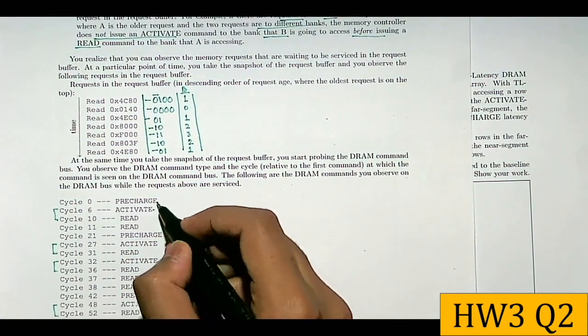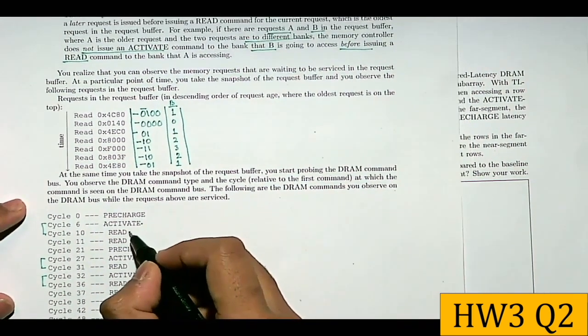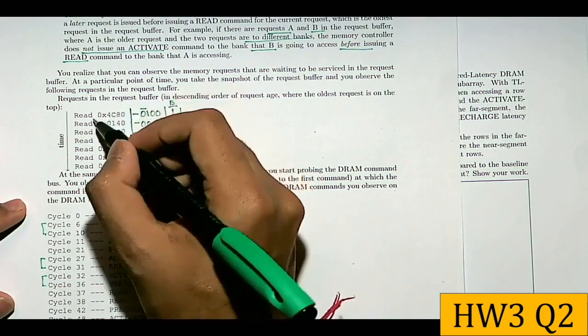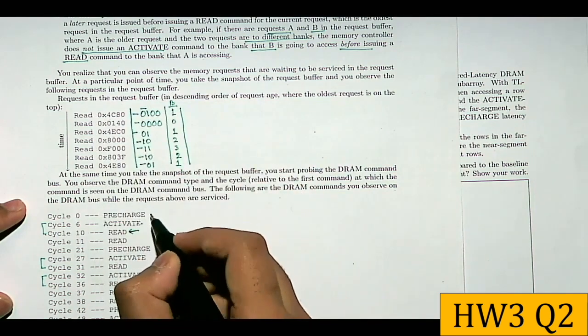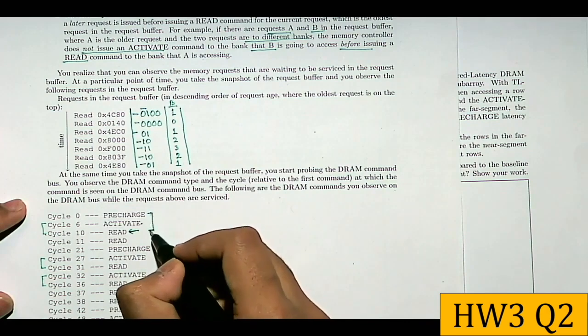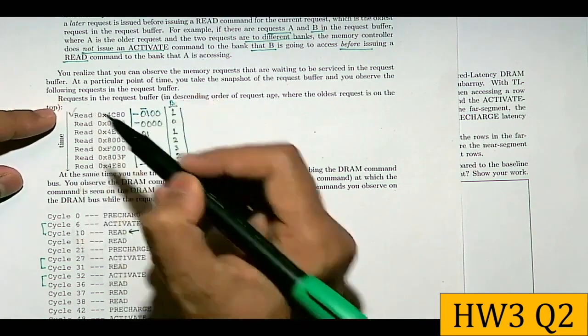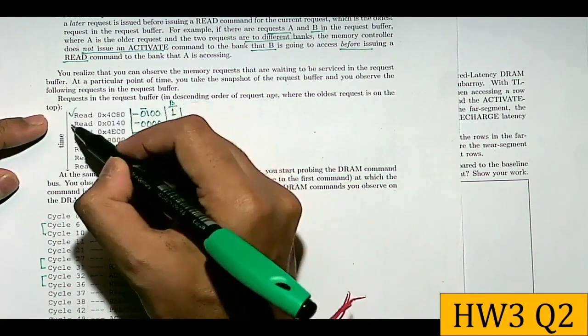Make sense? So let's see. The reads are what is happening for all of these accesses, right? So if we simply categorize these accesses like this, these 3 command sequences happened for this access. Then this command sequence happened for the second access.